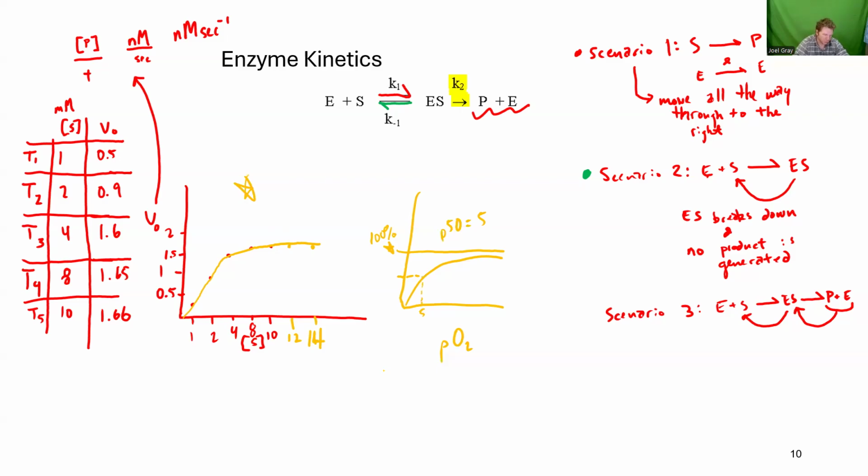It can't catalyze the reaction any faster. And so we do kind of the same thing. We look at the parameter right here, and we refer to this as the V max, the maximum velocity at which the enzyme can catalyze the reaction. So V max is one important kinetic parameter. I always think about it as fast as you can go.